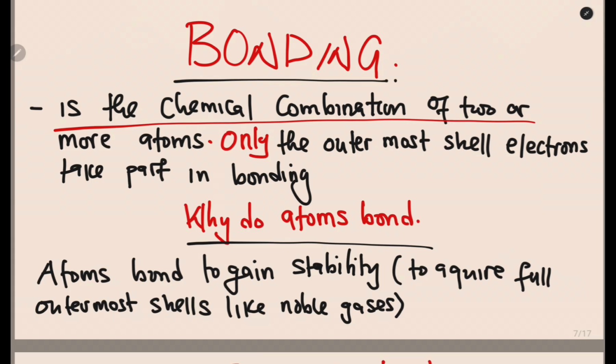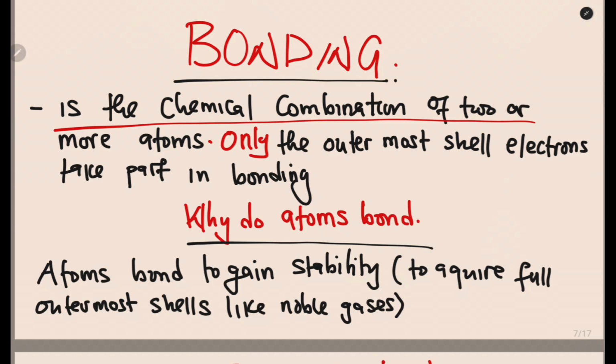So the outside shell, or the unstable shell, is the one that takes part in chemical bonding. That is very important to understand.